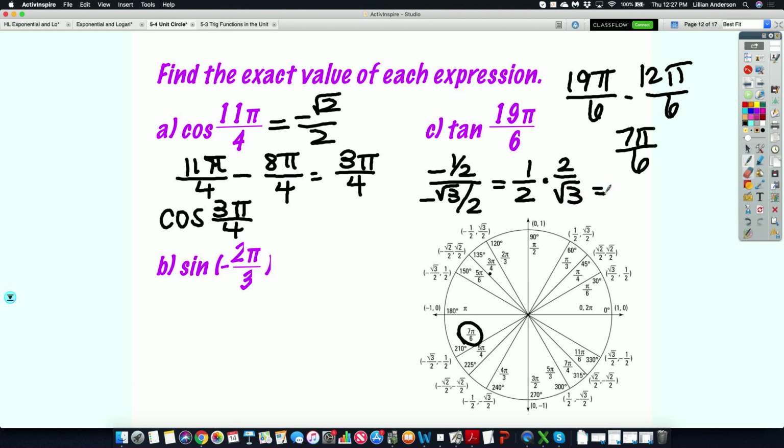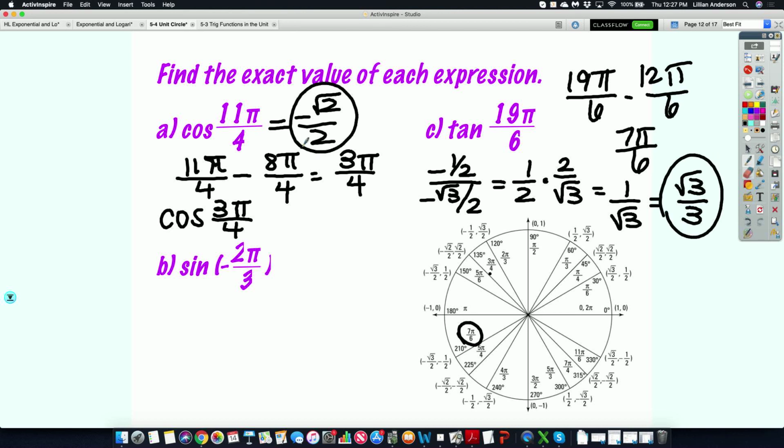And when I multiply straight across, this gives me... But I got to what? I got to rationalize. So this is the square root of 3 over 3. Yes, this one was a long one. Not only did I have to find a coterminal angle, I had to keep, change, flip, and rationalize. But we got the right answer. So the tangent of 19 pi over 6 is the square root of 3 over 3.